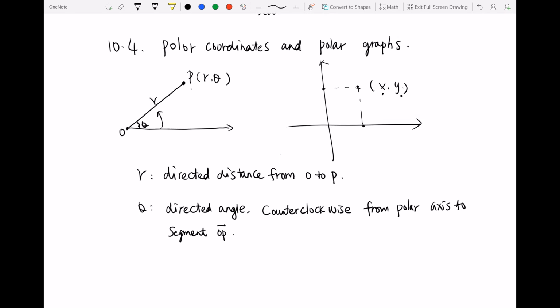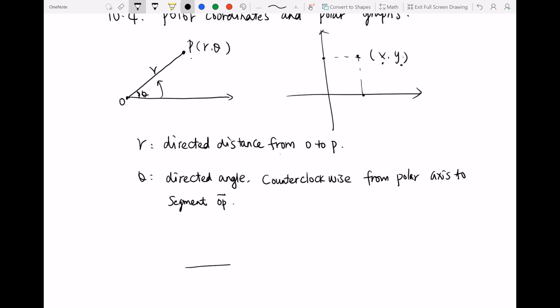So now, if I shift polar coordinates into, for example, this is r, this is theta, this is P. If I shift this into a rectangular coordinate system, can anyone tell me how it is possible for me to find the x coordinate and the y coordinate? I give you the hypotenuse. OP is actually like a right triangle here, right? You have x coordinates and y coordinates. Can anyone tell me what you think about the x coordinate?